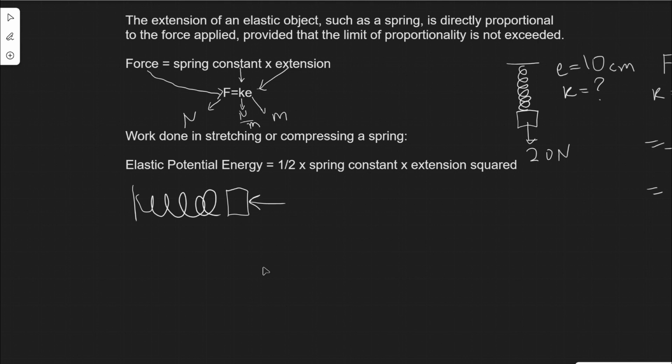The formula for it is that elastic potential energy is given by a half times the spring constant multiplied by the extension squared. So the energy will just be equal to a half times the spring constant times E squared.